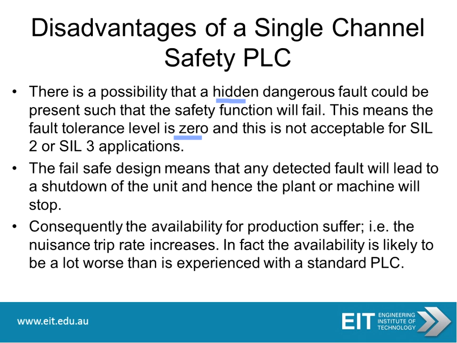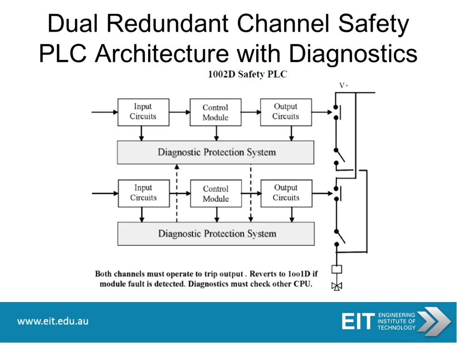Fail-safe design means that any detected fault will lead to a shutdown of the unit, and then the plant or machine will stop. So the availability for production suffers, the nuisance trip rate increases, and the availability is likely to be a lot worse than that experienced with a standard PLC.